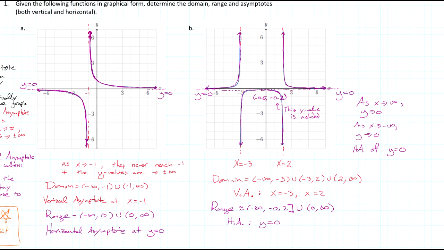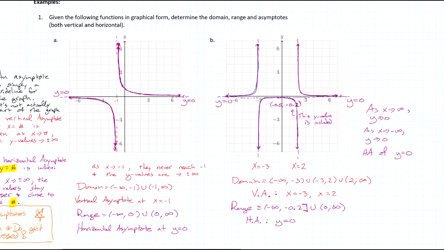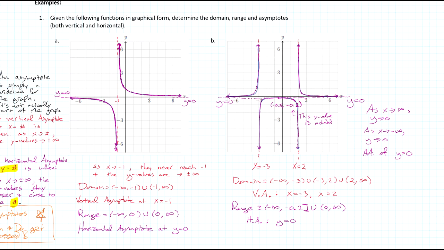Okay. The asymptotes are not about what's happening in the middle of the graph. They're what's happening as either the y values are going to plus or minus infinity, what x values is that happening at, or as x goes out to infinity, what y values is that happening at. So that's how we want to think of asymptotes.